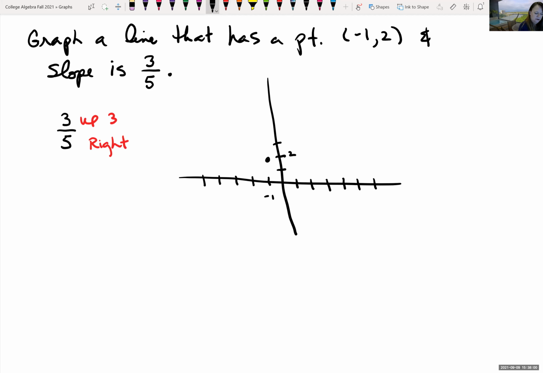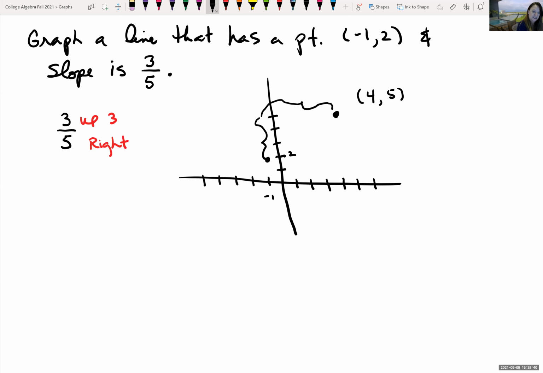So up 3, and then to the right 5. And so that would get us to this point here. I went up 3 from 2, that is going to give me 5. That's my y value. And if I went right 5 from -1, my x value is going to be 4.